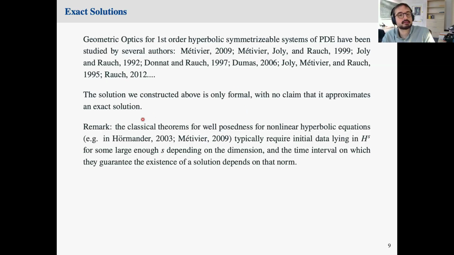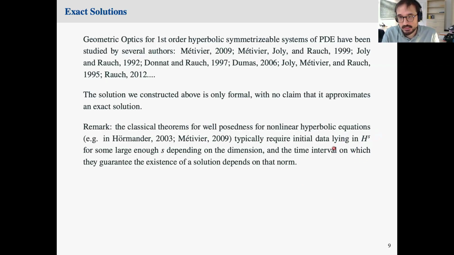Now, the problem is that the classical theorems for the well-posedness of nonlinear hyperbolic PDEs typically require that your initial data are in a Sobolev space for a high enough order. And that typically depends on the dimension. You have some sort of Sobolev embedding to worry about.